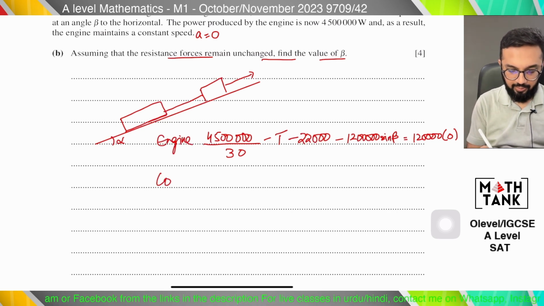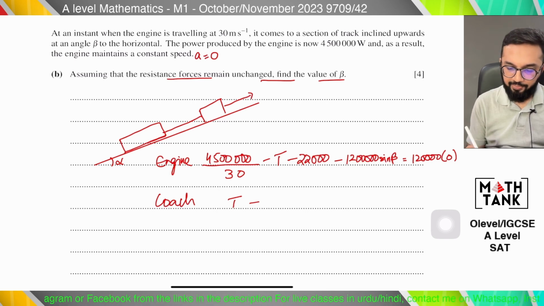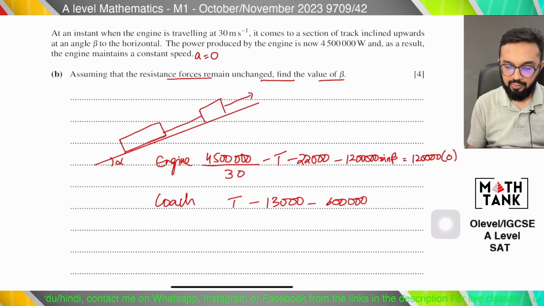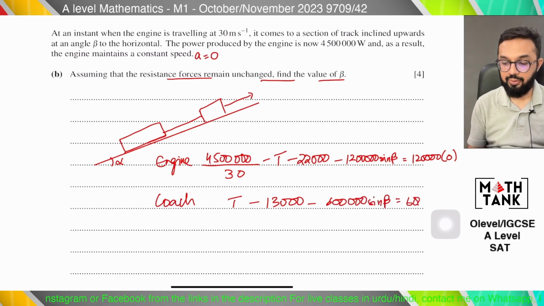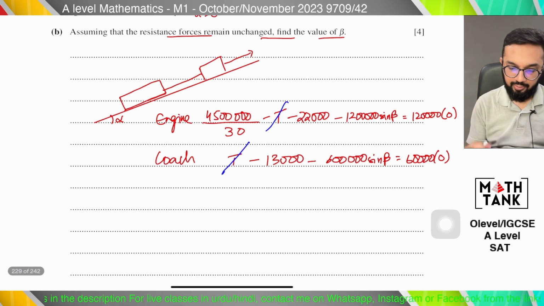For the coach as well, the driving force is T. Then I will have the resisting forces, that was 13,000, and then 600,000 sine beta. Again, equals 60,000 times 0. The tensions cancel out.